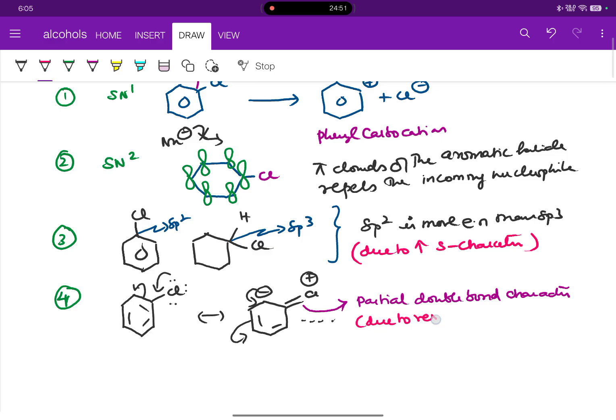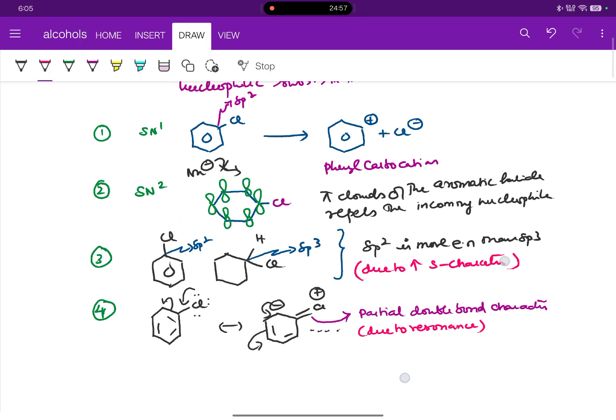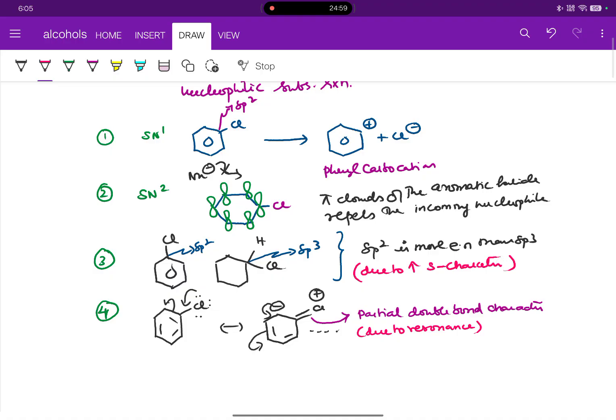Due to stabilizing resonance. Because of the partial double bond character, it is very difficult to break the C-Cl bond. It's only partial double bond, so you can actually break it. But once a double bond comes in, you cannot break it, because compared to a single bond a double bond is harder to break. And that is not the only criterion.